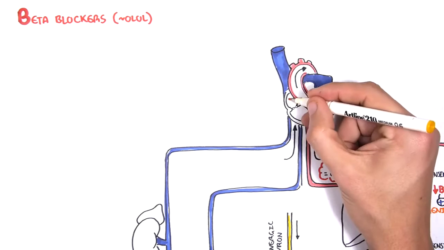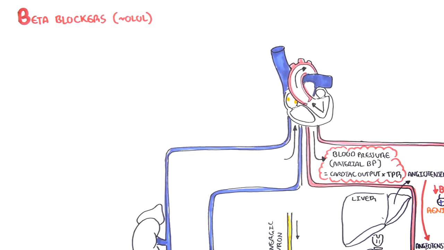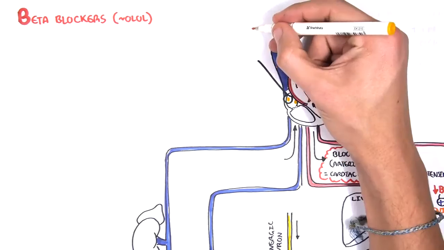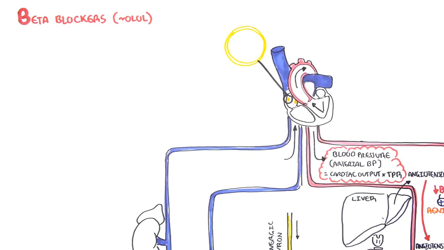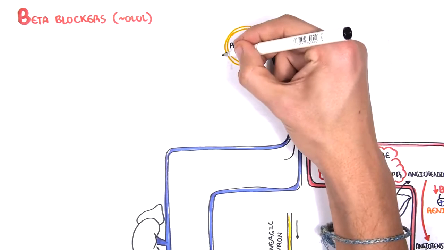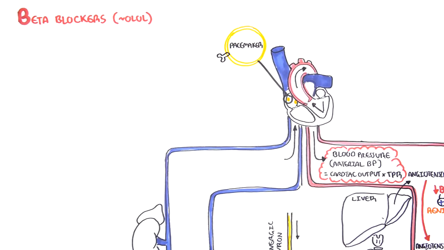But let's focus on the heart. The heart has cells called pacemaker cells, which make up the conduction system of the heart. The pacemaker cells regulate the heart rate, so how fast your heart is pumping. The pacemaker cells can be influenced by many things, including the parasympathetic nervous system and the sympathetic nervous system.